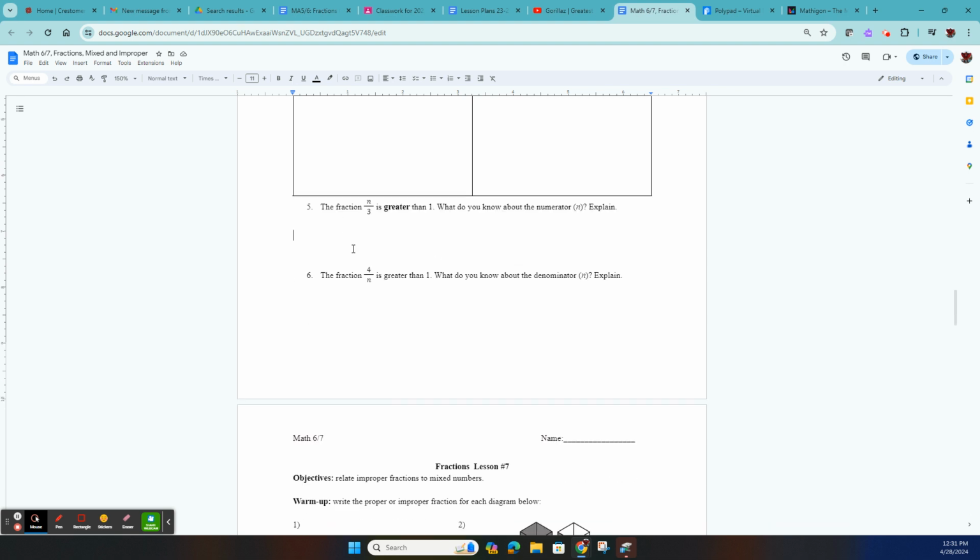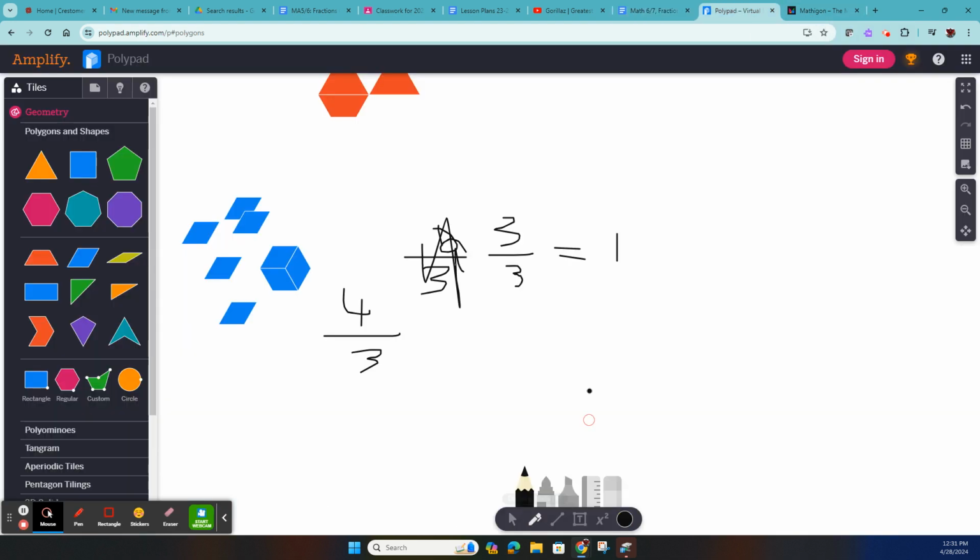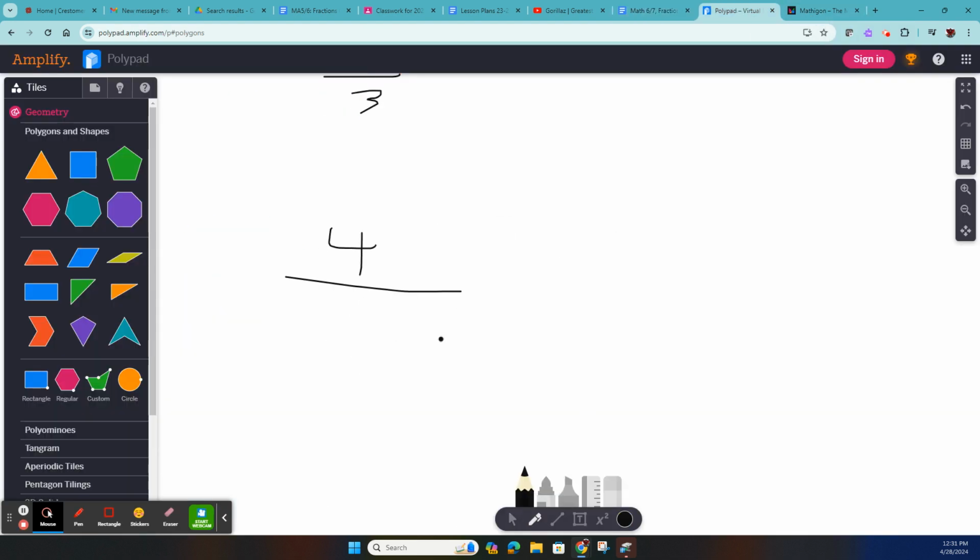Okay, next question, very similar, except this time the fraction 4 over n is greater than 1. So our denominator is the unknown value. What do you know about the denominator? Well, again, this 4 over whatever has to be greater than 1. Okay, so if I said 4 over, I don't know, well, let's try 4.